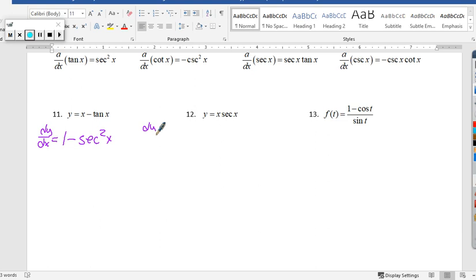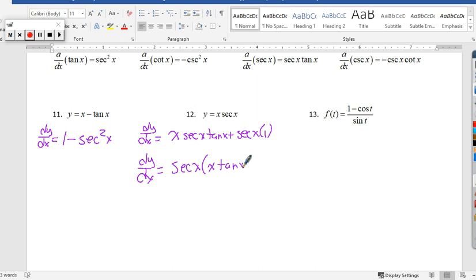So dy dx is going to be the first term times the derivative of the second, which is secant x tan x, plus the second term times the derivative of the first, which is just 1. At this point, I can see that they each share a secant x, so we're going to factor that out, leaving me, let's see, with secant x times (x tan x plus 1).